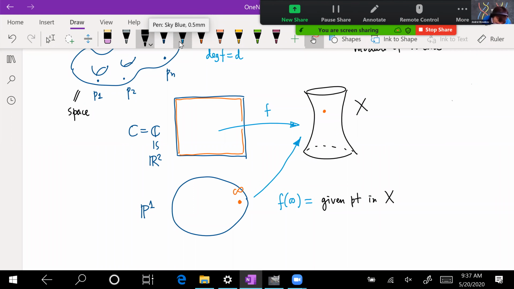I'd like everything near infinity to look regular, which means I'd like this map to be non-singular. It means f prime of infinity is not zero, not equal to zero, non-singular, finite. So it not only takes this value, it takes this value in a differentiable way.